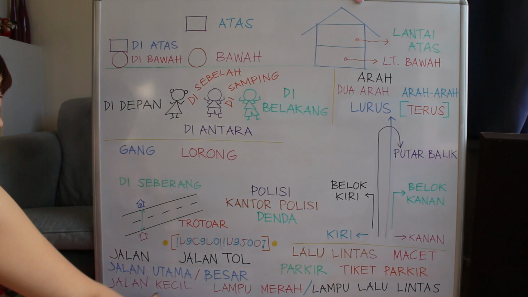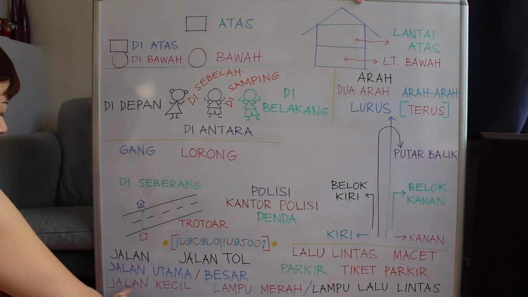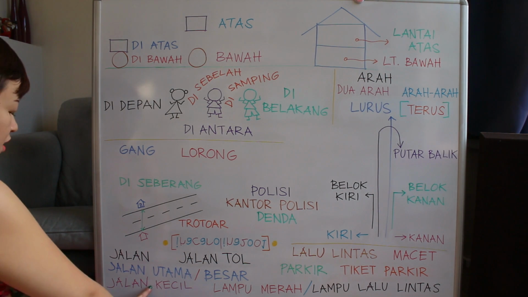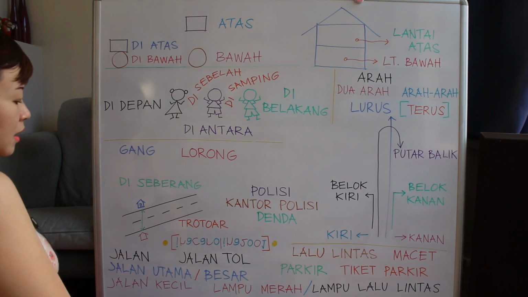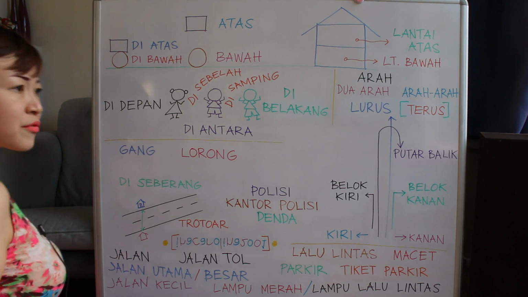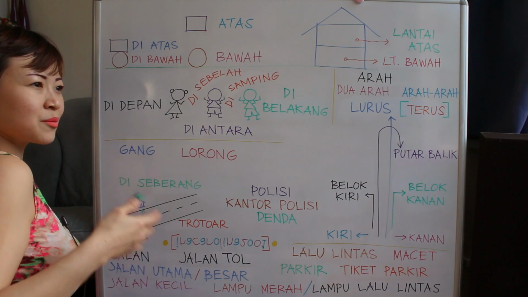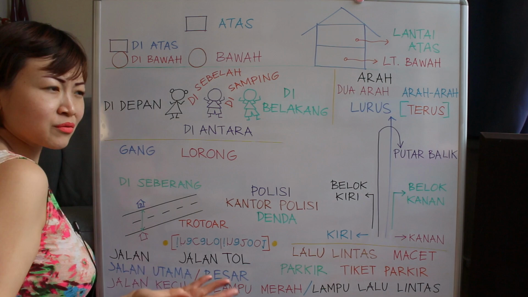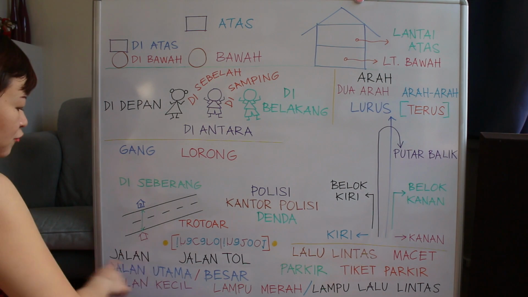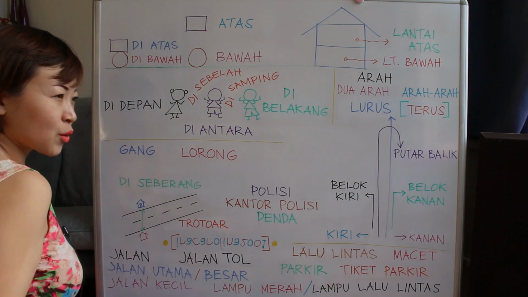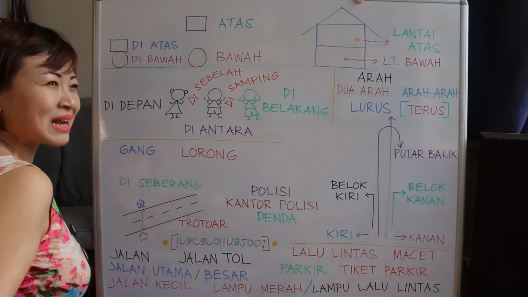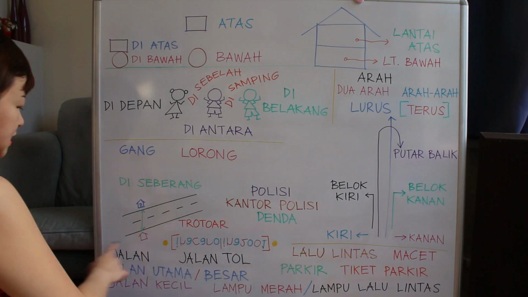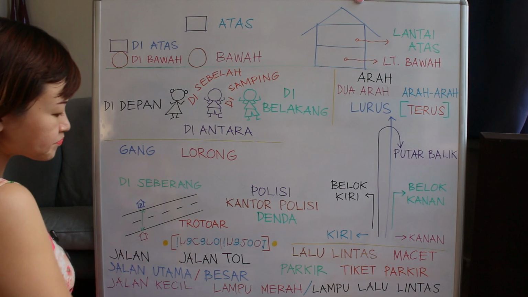Jalan kecil, small road. Don't forget space here. But we don't have names like road or street or avenue. We just use jalan for all of them. For avenue, for road, for street, for lane, we use jalan. All of it.